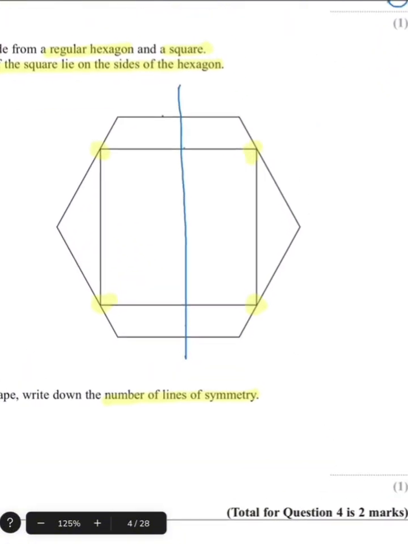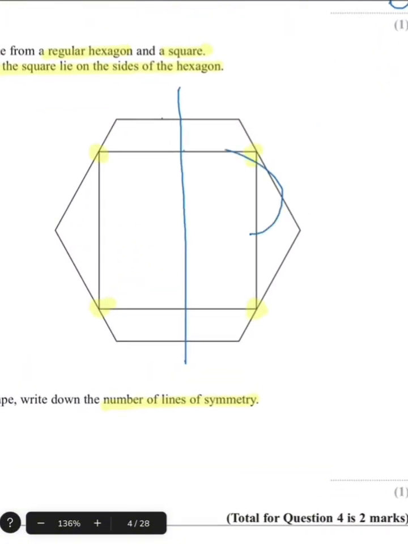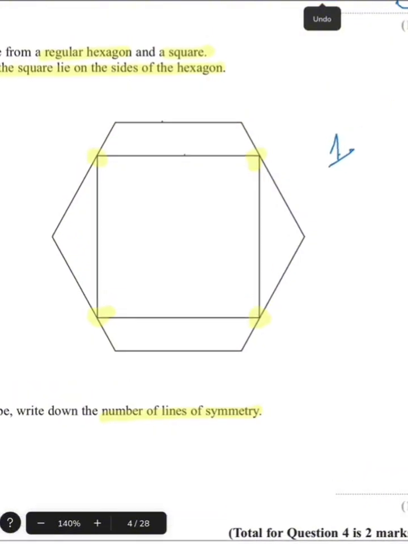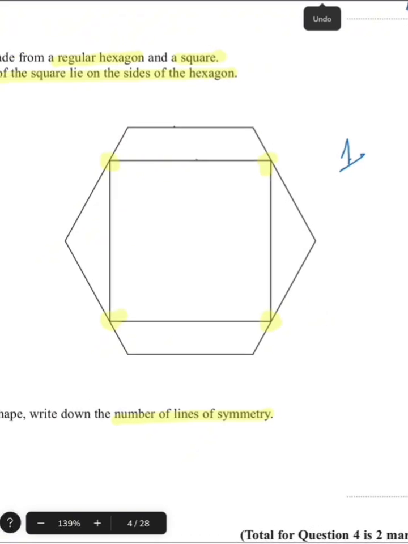If we fold it here, it will have the same shape, if you know what I mean. Let's use our imagination for this. So we have one line of symmetry. Now let's check the horizontal line. Let's draw a line through the center horizontally like this.